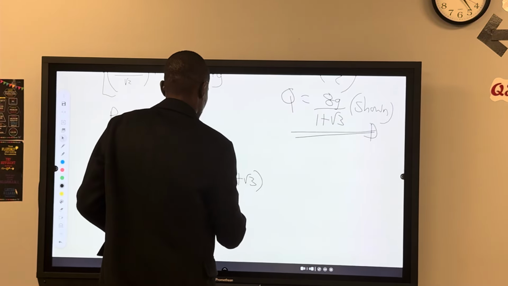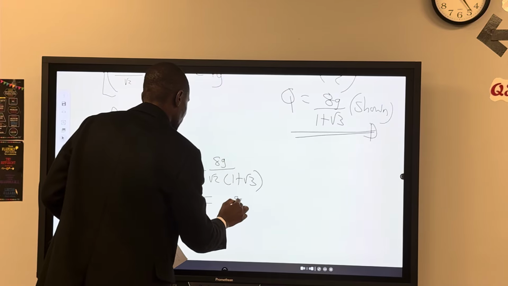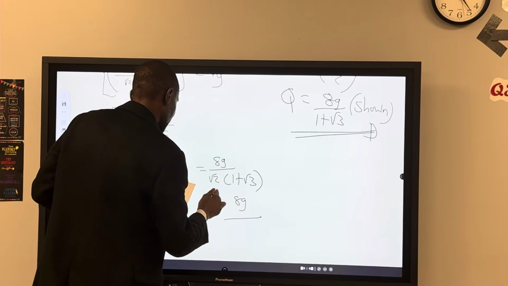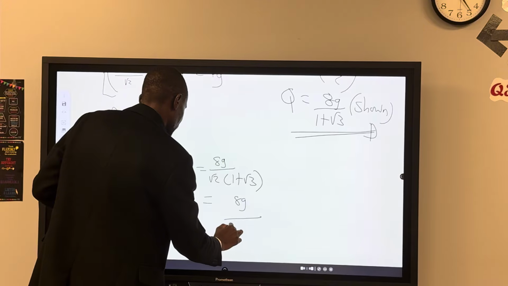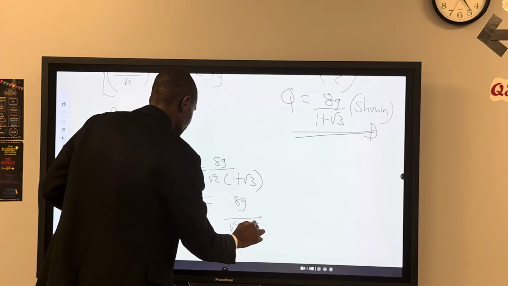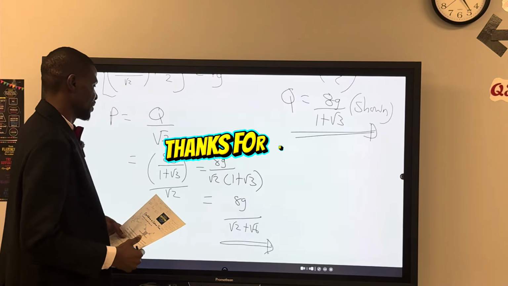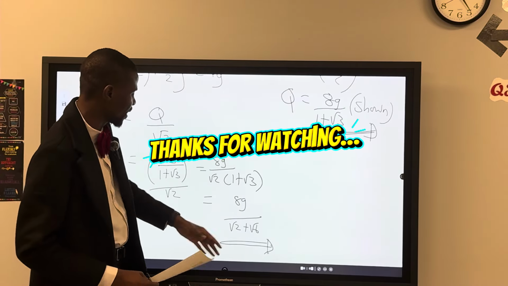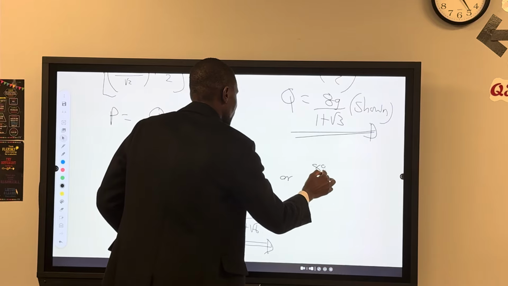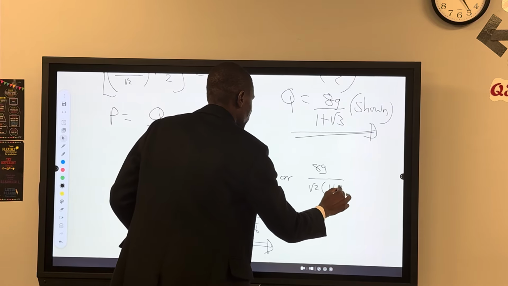You can either leave it like that, or expand it as root 2 plus root 6, or you can say it's 8G over root 2 times 1 plus root 3.